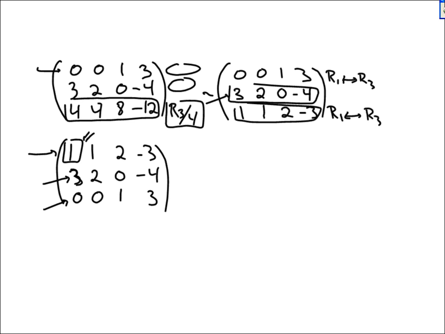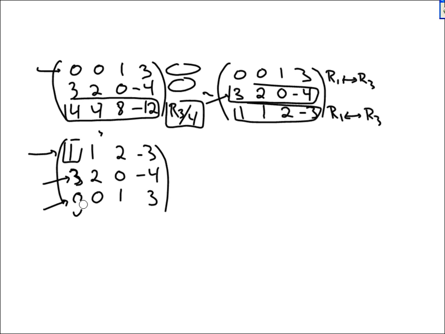If this were a 3 and this really was an 8, to get this 3 to kill off the 8, I'd have to get them both to be 24 and then subtract. But being a 1 is very, very friendly. I don't have to do anything to the 8 to get the 1 to become an 8.